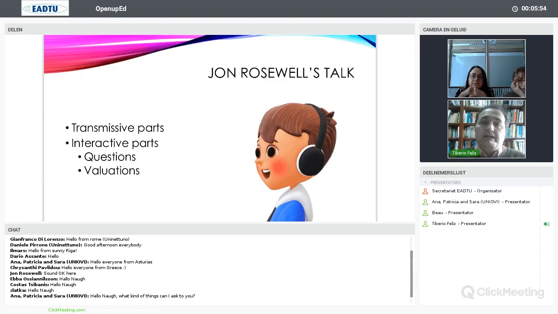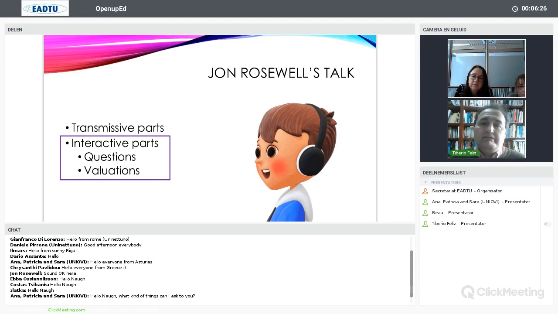The first one is a set of essentially transmittive elements: transmitting information, explaining concepts, ideas, data. But there is another part very interesting for me, that is the interactive part, when you were asking questions, or asking for valuations of some concepts or ideas.